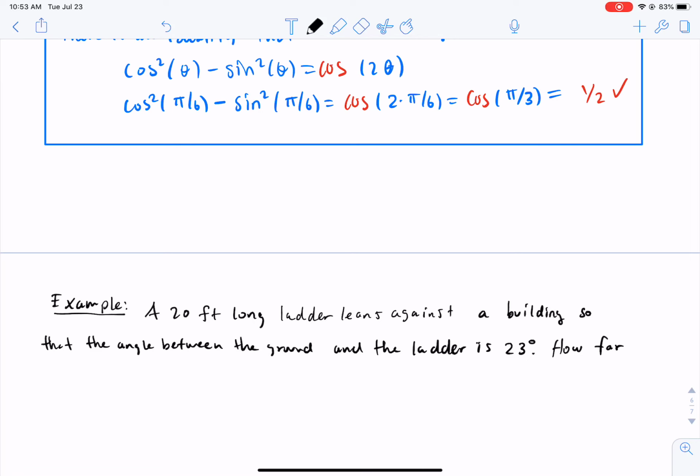How high does the ladder reach on the building?